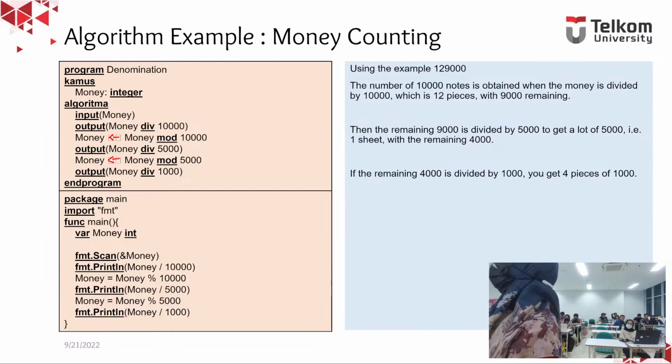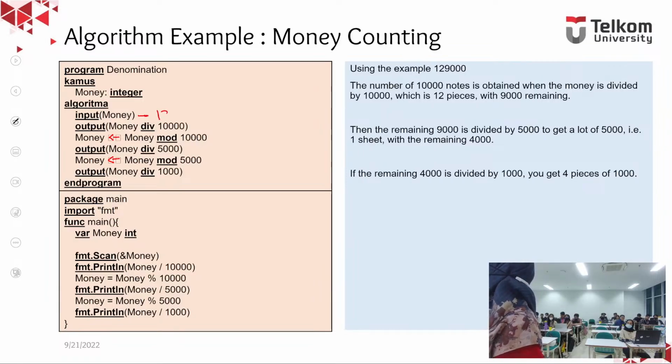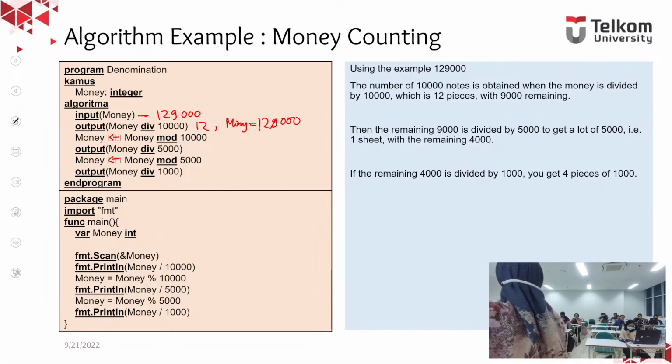It means that we update the value. For example, in this line, the money value is 129,000. In the second line, what is the output? 12, right? And what is the value of the money variable? The money variable is still 129,000 rupiah.